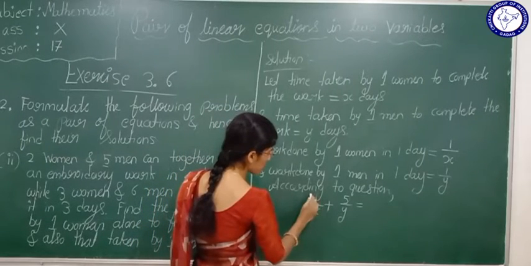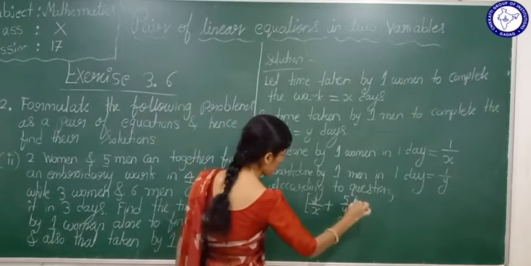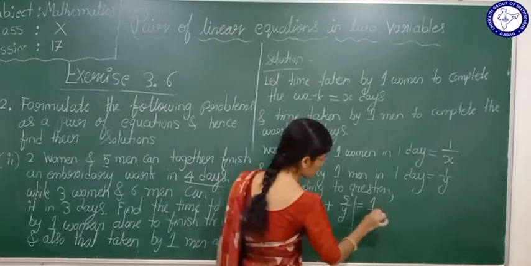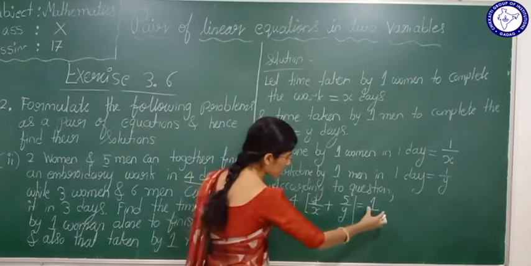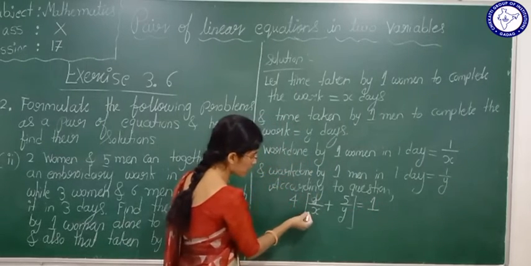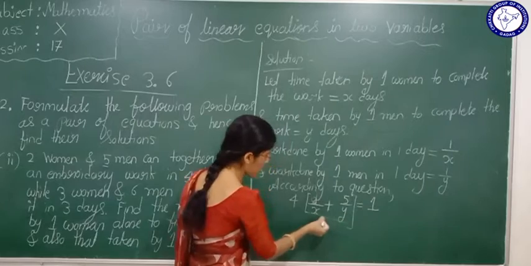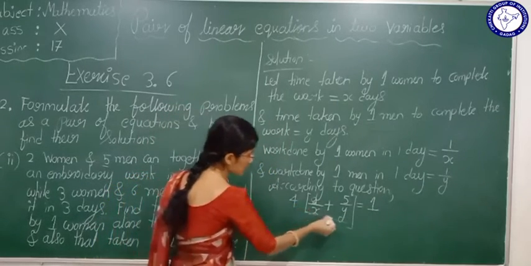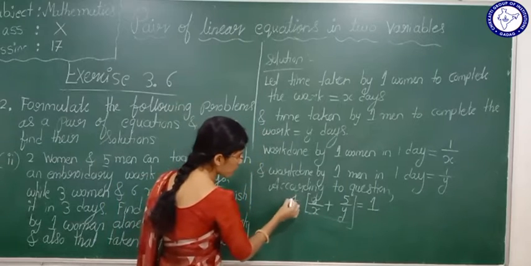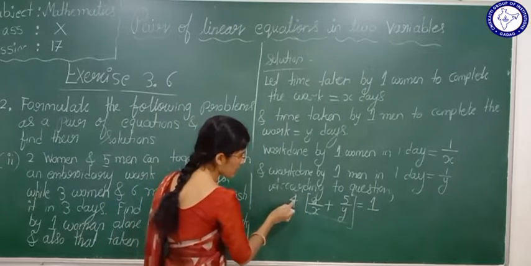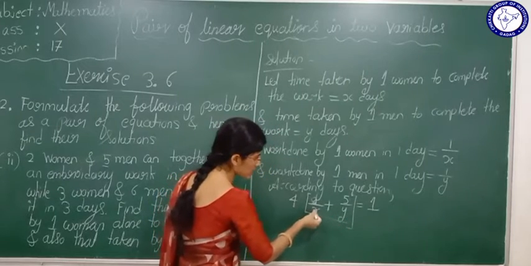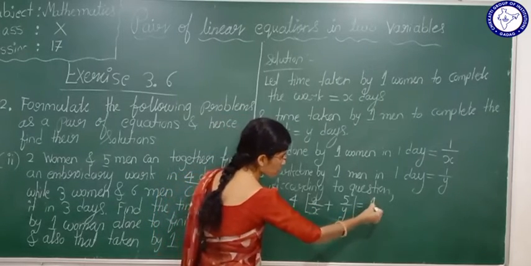For how many days have they worked? They have worked for 4 days to complete one work. The total work done by 2 women and 5 men is this much, for 4 days. Number of days into the work done in 1 day equals one work.